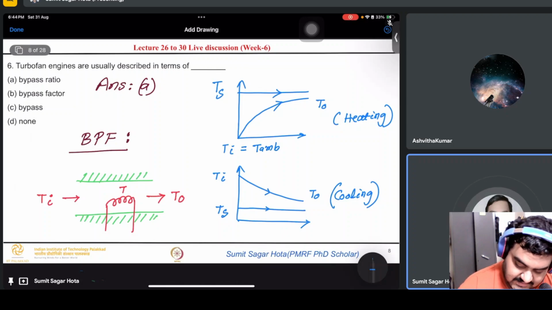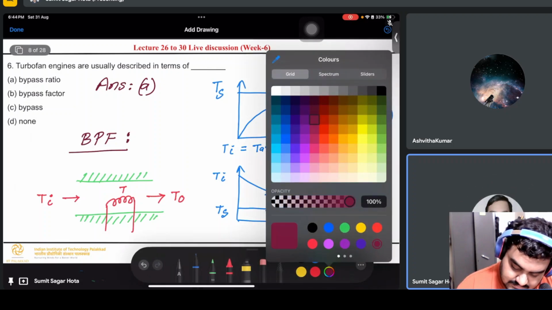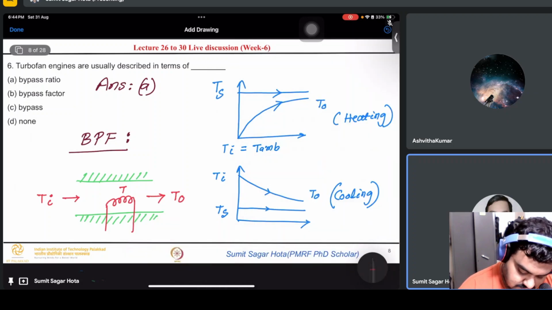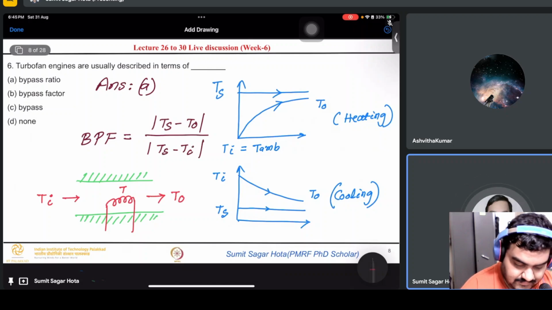So what is the bypass factor? The bypass factor equal to mod of Ts minus T naught divided by mod of Ts minus Ti. Why mod? Because depending on the positive or negative sign, it can be changed.